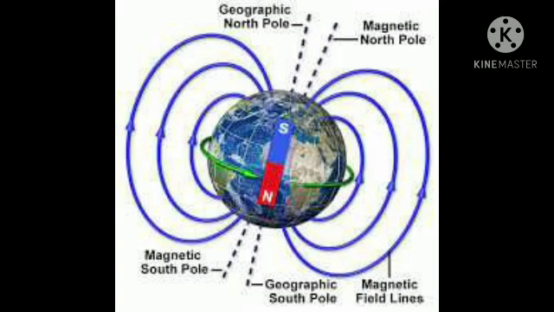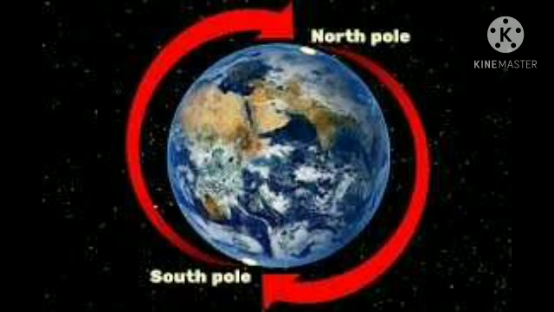The two extreme ends of the spherical model are marked as the north and south pole. The top one is the north pole and the bottom one is the south pole. An axis passes through the poles from north pole to south pole.